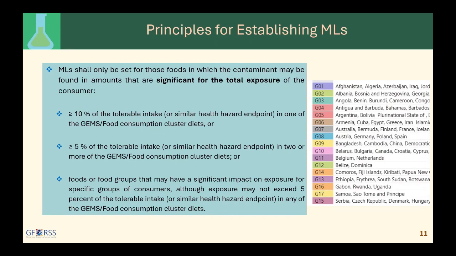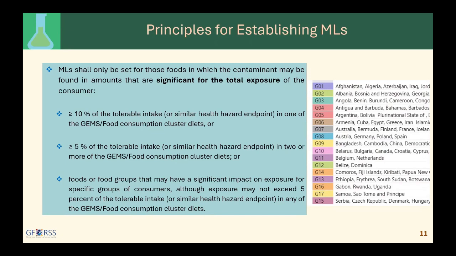So when we have a call for data, normally the data is submitted through the GEMS/Food database, but we have other means of submission. You can send your Excel sheet to the electronic working group chair. You can send it to the ad hoc expert committee, FAO or WHO. But what is preferred is to submit through the GEMS/Food database.